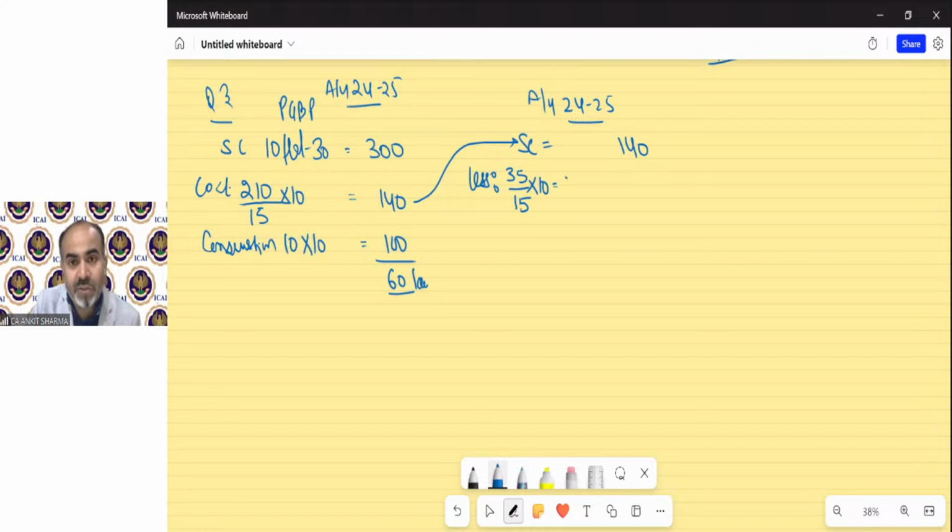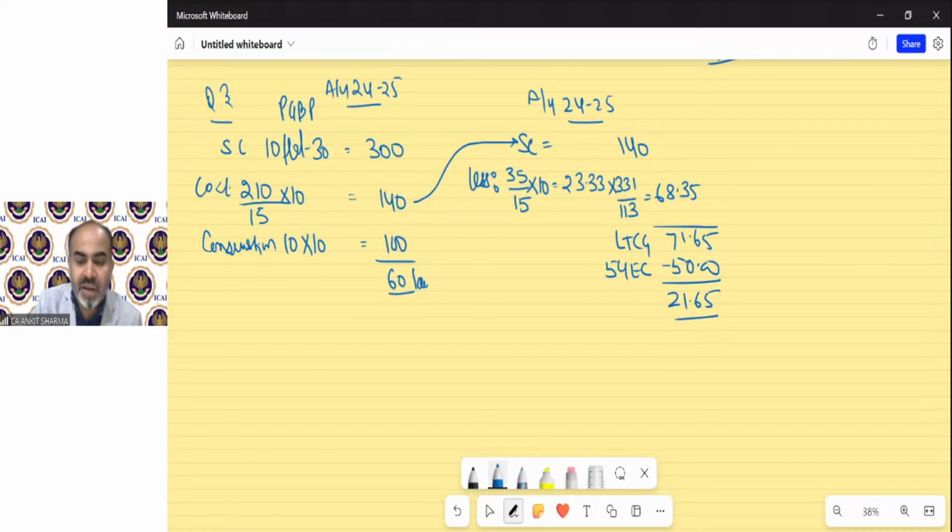For 10, it was 23.33 multiplied by 331 upon 113. So this will be my indexed cost of acquisition. 71 lakh, 65 lakh will be my long-term capital gain. Under section 54 EC, the maximum exemption that can be claimed is 50 lakh. So that will be my answer.